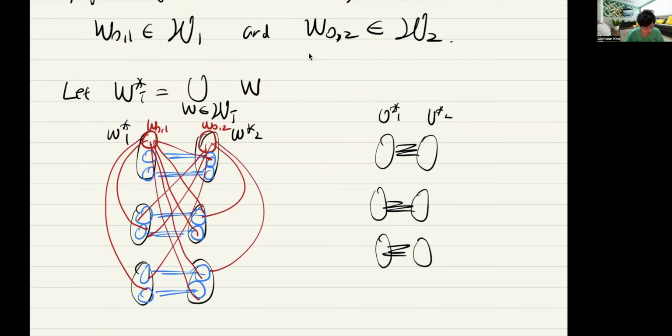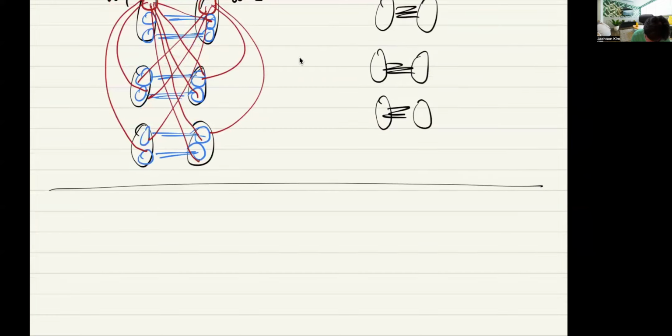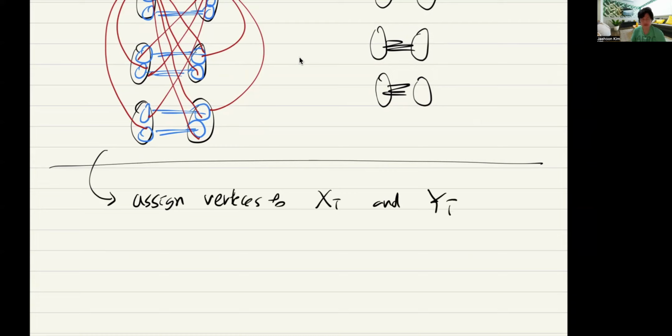Okay, so we need to further modify this partition. What we want to do is assign vertices to Xi and Yi. Most of the vertices will be in Xi and a very small number will be in Yi.